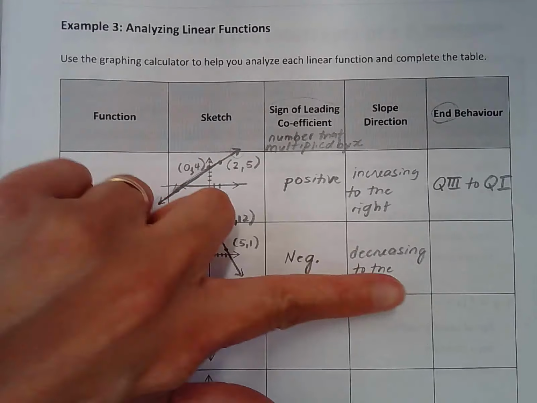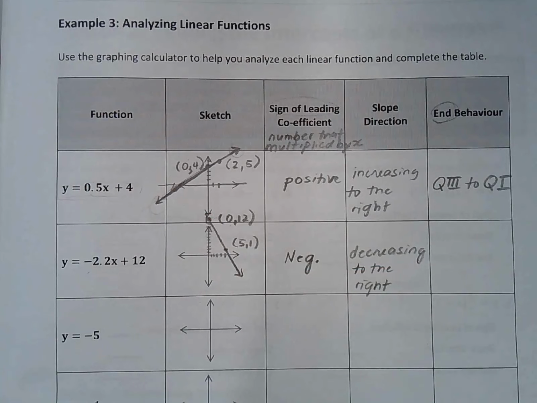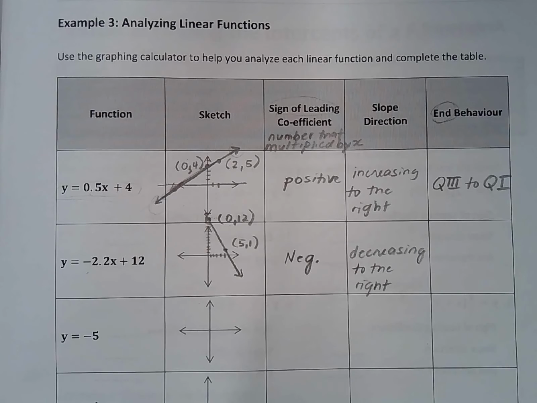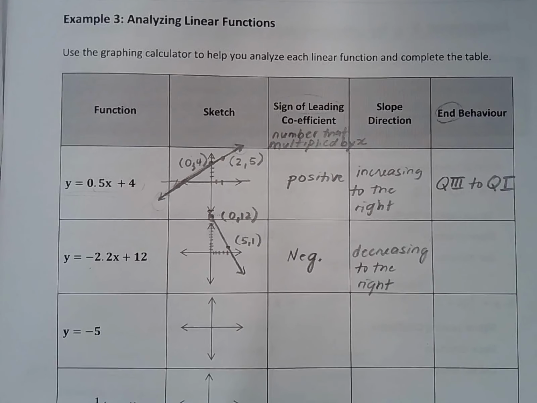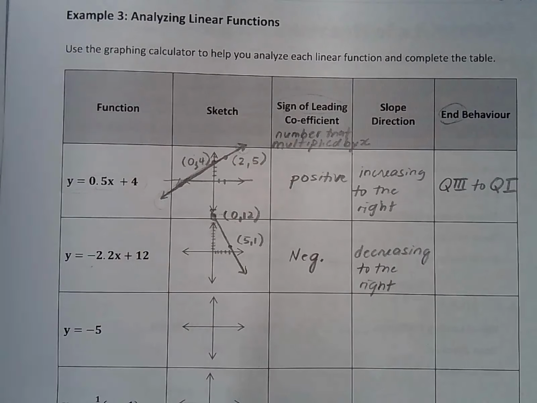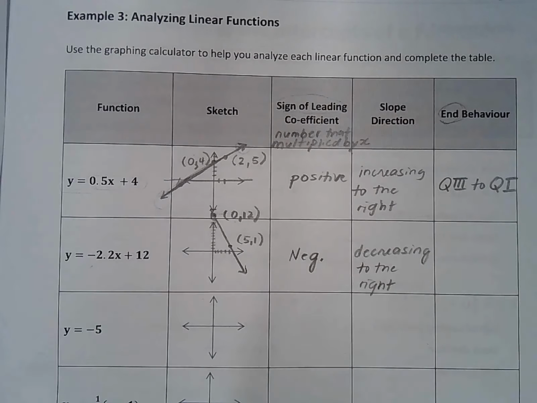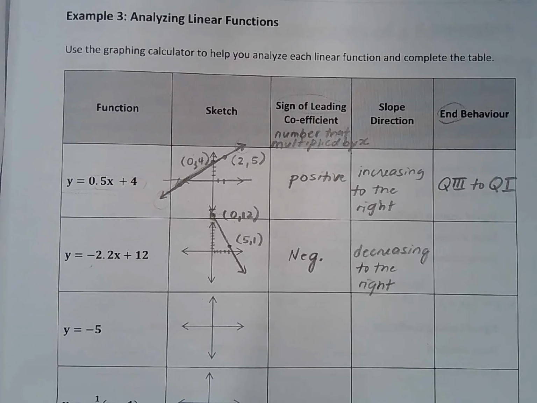If you want just decreasing, that's okay. If you want to be specific, decreasing to the right. How about downward? Down to the right. Or upward? Yeah, you could do that. Down to the right.